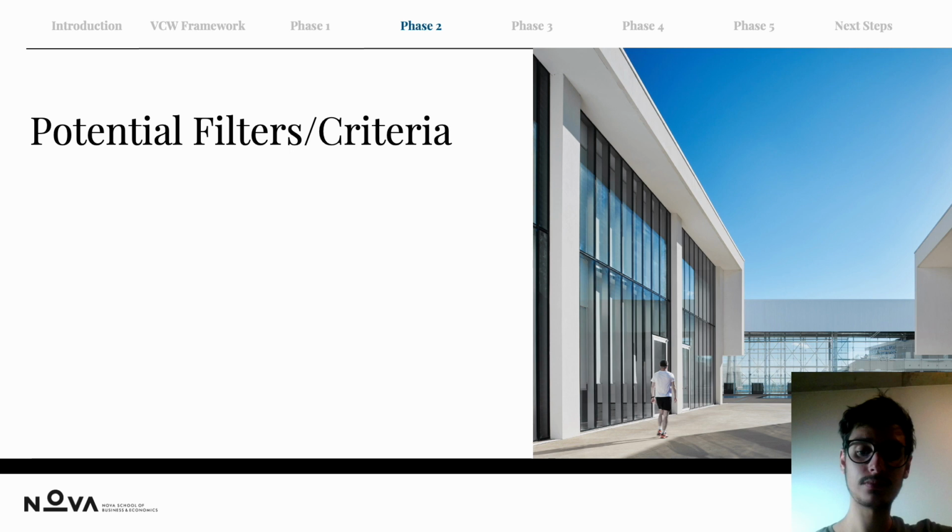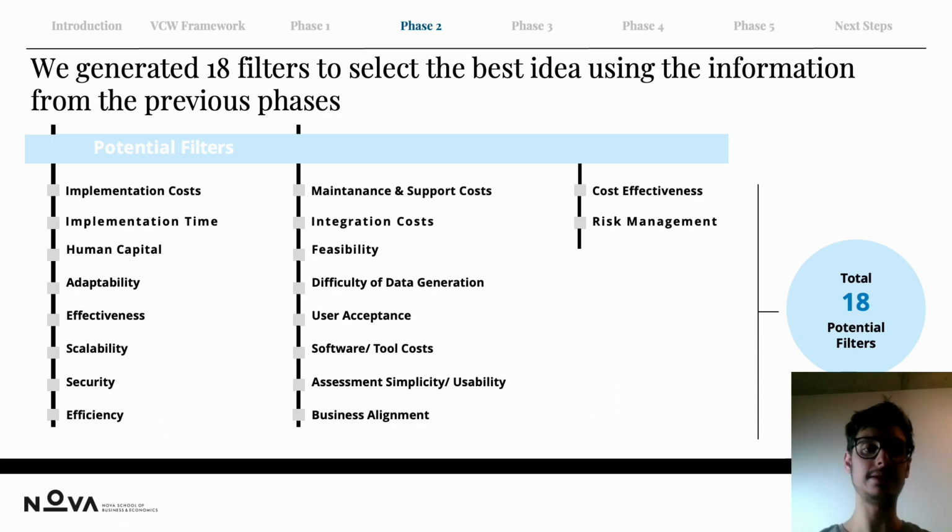After all this data was gathered, we created some filters. We created 18 potential filters to be used to facilitate the process of selecting ideas. They were carefully thought out and developed as a group. An example of that is the implementation cost, which means the cost of implementing a certain idea.